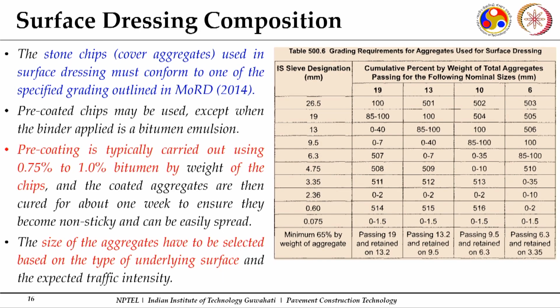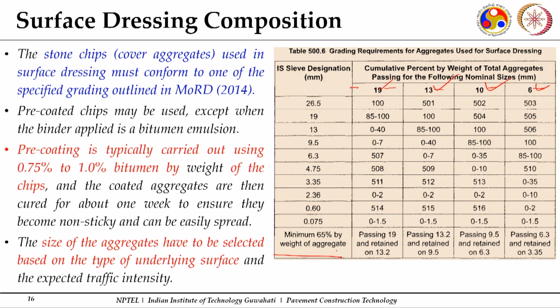Now, the gradation of the stone chips has been mentioned here, and it says we can use stone chips with 4 different nominal maximum aggregate sizes. The ones recommended as per IRC 110 are 19 mm, and MORD 19 mm, the one which is 13 mm, 10 mm, and 6 mm, and you can see the gradation is given.